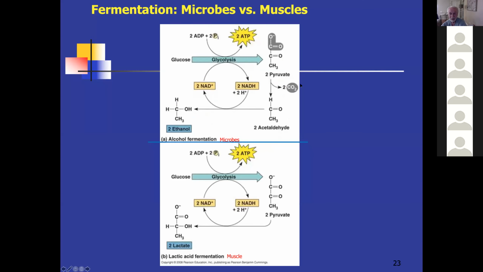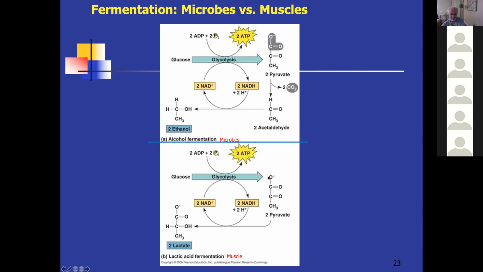So this next slide shows the two types of anaerobic fermentation side by side, in microbes and in muscle. What yeast does is take pyruvate and spin off a carbon to make acetaldehyde, and acetaldehyde can be reduced to ethanol. That happens in yeast.